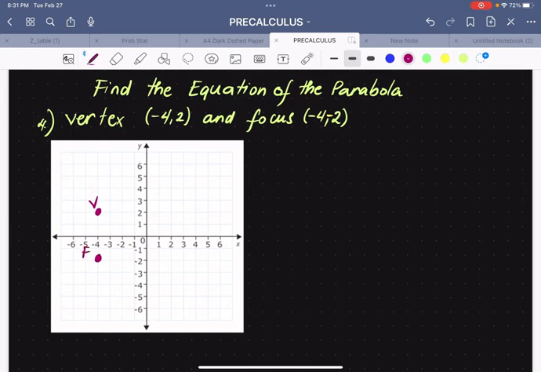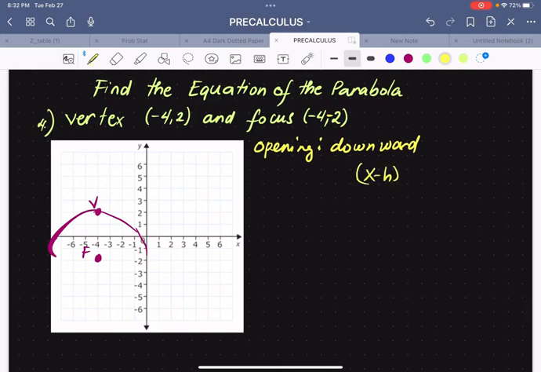So based on the given, we can say that the parabola opens downward. Since it opens downward, we use the formula (x minus h) quantity squared is equal to negative 4c (y minus k).